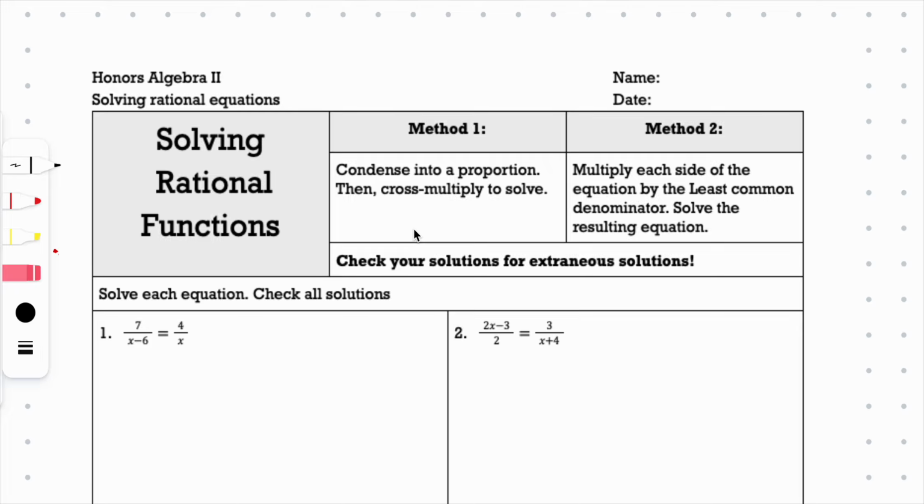Our second method is going to be multiplying each side of the equation by the least common denominator and then solving that resulting equation. So last lecture, we talked about identifying and finding the least common denominator. And so we're going to use that same knowledge to help us here when we're actually solving these equations.